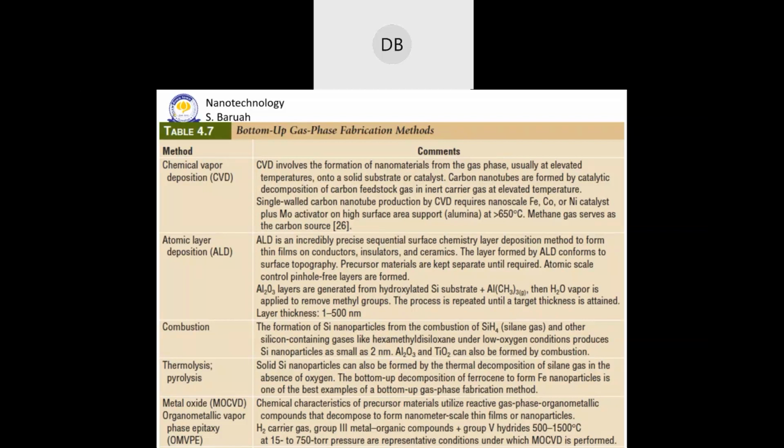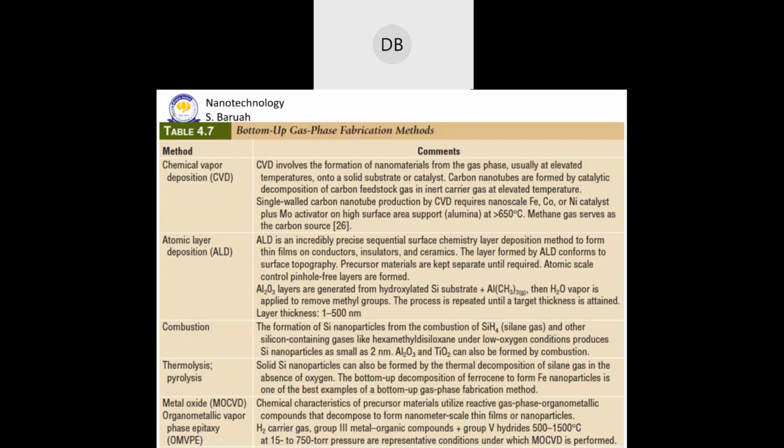Remember, if I ask you how carbon nanotubes are made or how graphene is made, you can say one process is chemical vapor deposition. Another process we call atomic layer deposition. Here we're depositing materials at the atomic level and converting them to nanoparticles.